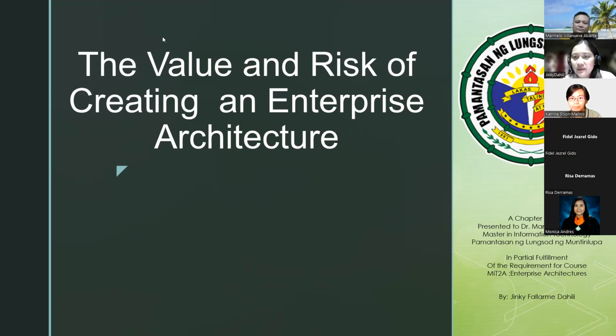Good morning, Sir Marmelo. I'm Jinky Falyar Medahili, and I'm about to discuss the value and risk of creating an enterprise architecture. To give you an overview of this chapter, we will discuss the value and risk associated with creating an enterprise-wide architecture.